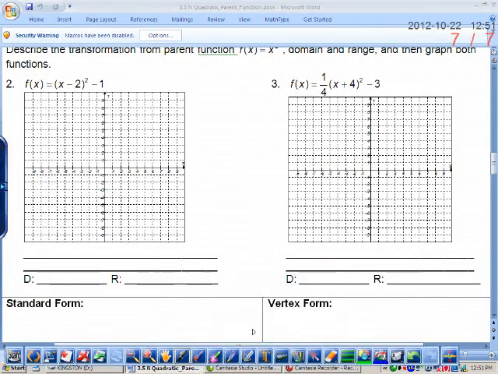Let's practice and review graphing with transformations. Okay, so look at number 2, f of x equals (x minus 2) squared minus 1. How has the parent function been transformed to give us this graph? Okay, right 2, down 1.